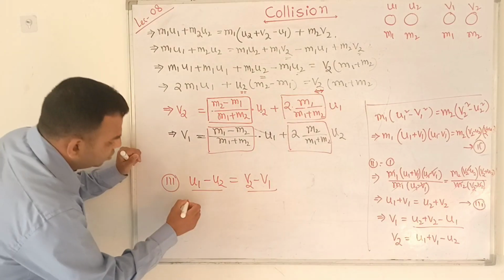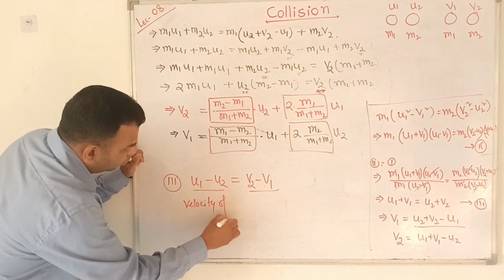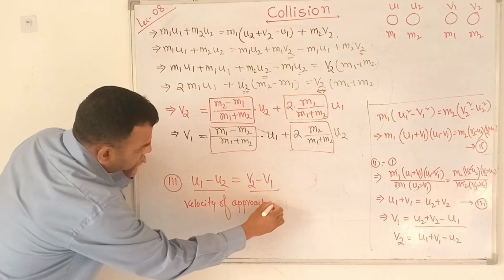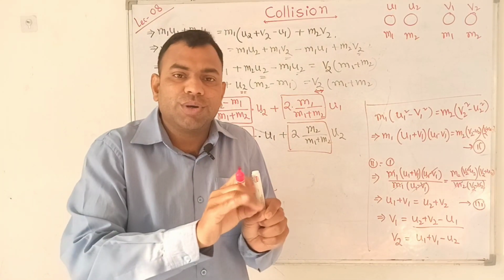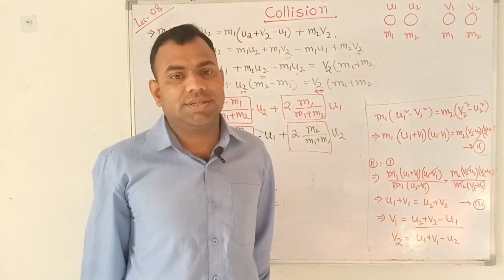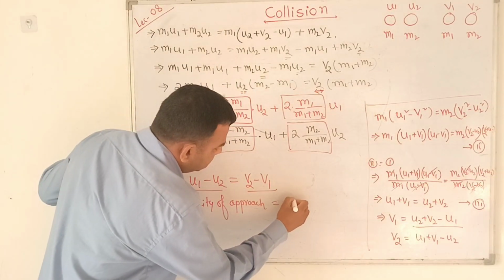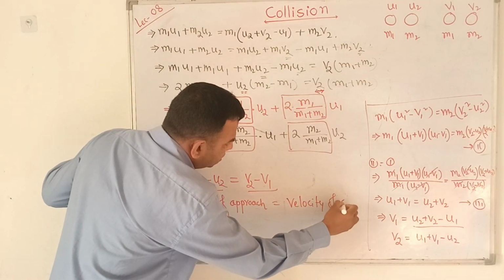That's why it is called velocity of approach. And this is velocity of separation. After collision, separation occurs, so this is called velocity of separation.